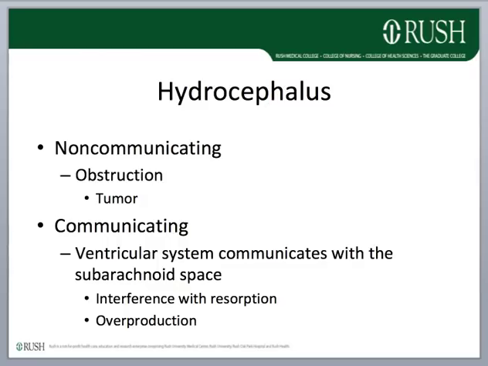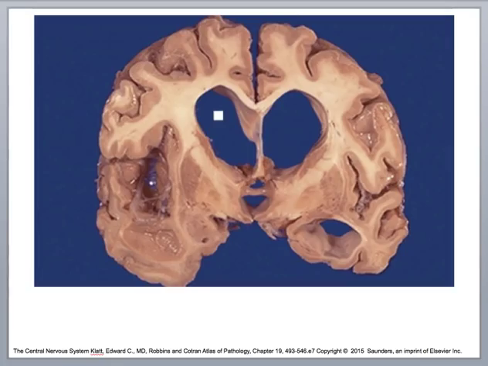Or, again, rarely this could be due to overproduction from a choroid plexus tumor. So this is just a gross image showing marked dilation of the lateral ventricles.